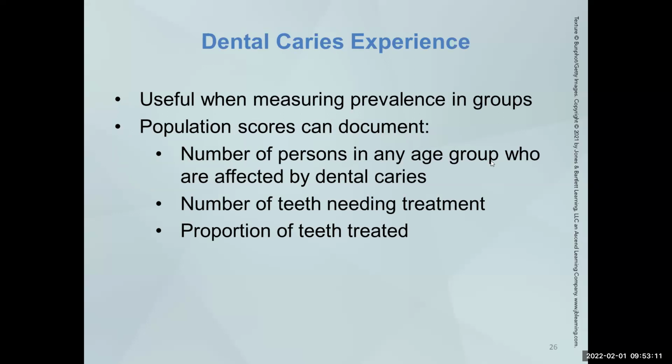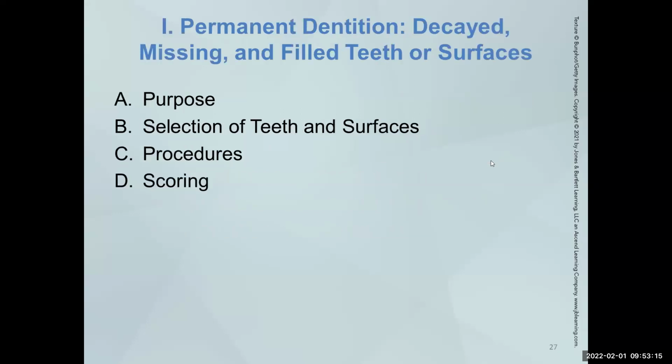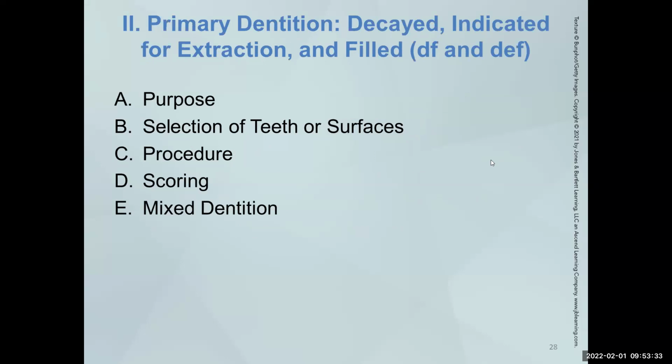What you need to know about this is, all right, the permanent dentition uses capital letters. DMF, decayed, missing, filled. Primary teeth uses lowercase letters.